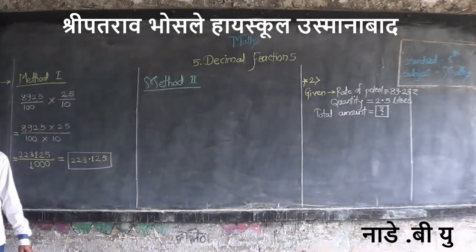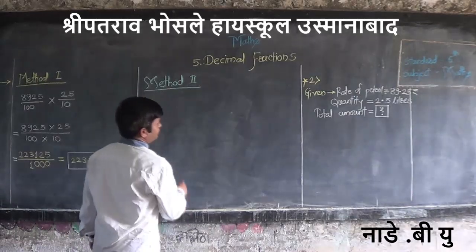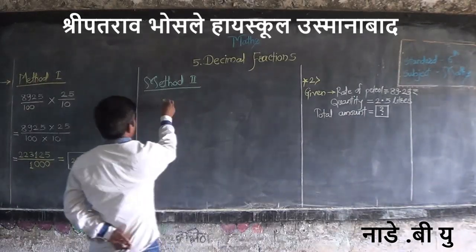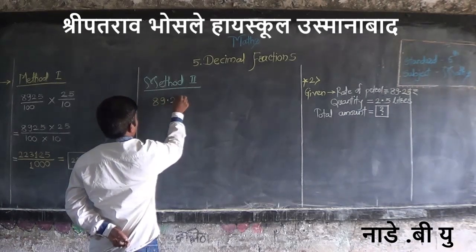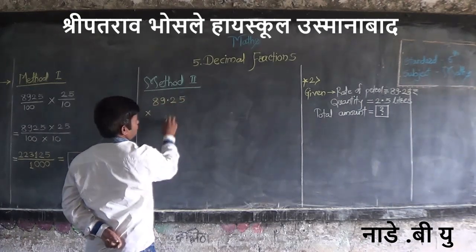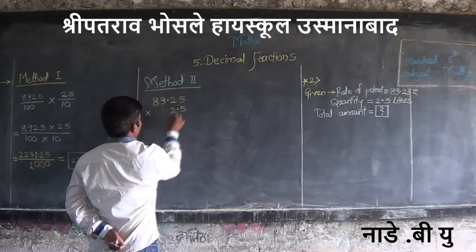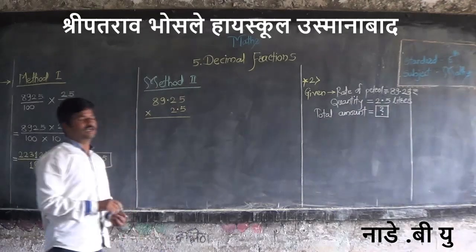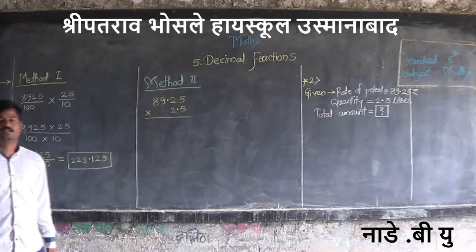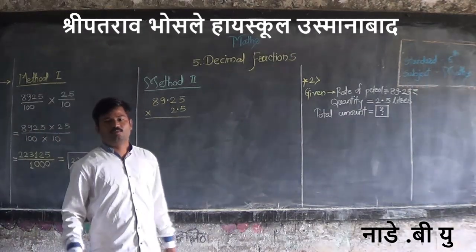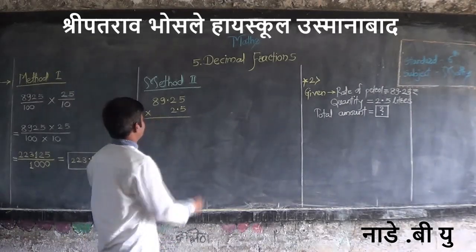In the second method, the numbers are decimal fractions, 89.25 into the quantity 2.5. In vertical arrangement, solving the example, consider the decimal point as not there, like integers.